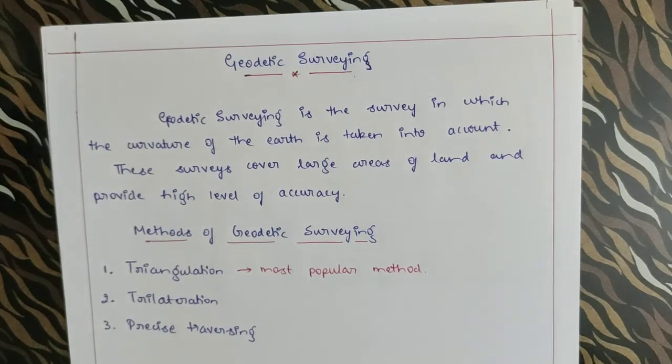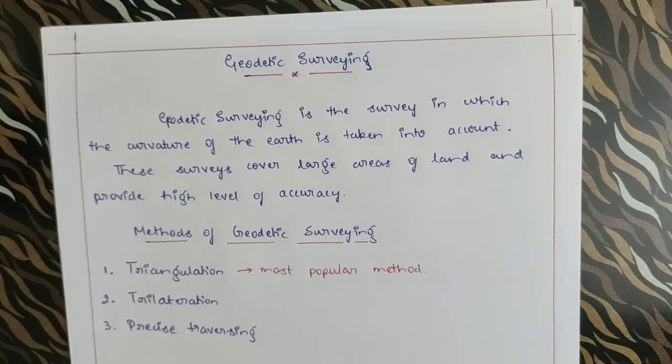As I said earlier, geodetic surveys cover very large areas such as a continent or country. Thus, geodetic surveying is important and is generally carried out by state survey agencies. So in India, this survey is carried out by Survey of India, and they conduct such surveys and are responsible for preparing maps.